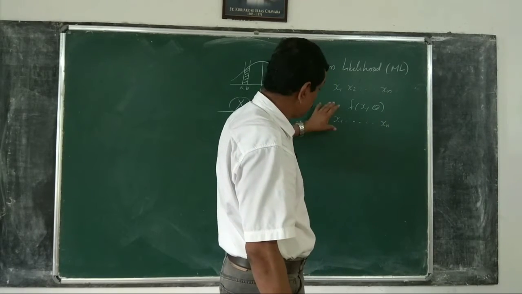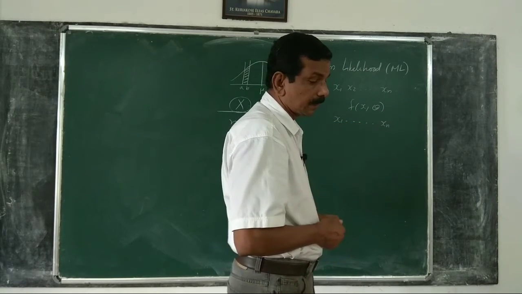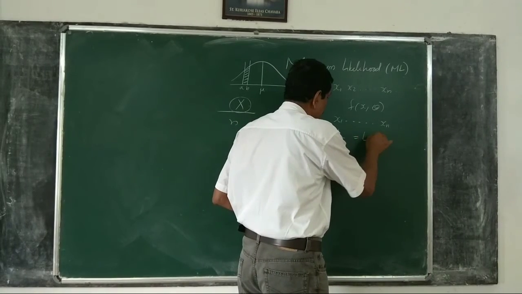Then the likelihood function for the sample values x1, x2, etc. xn is denoted by L equal to L(theta).